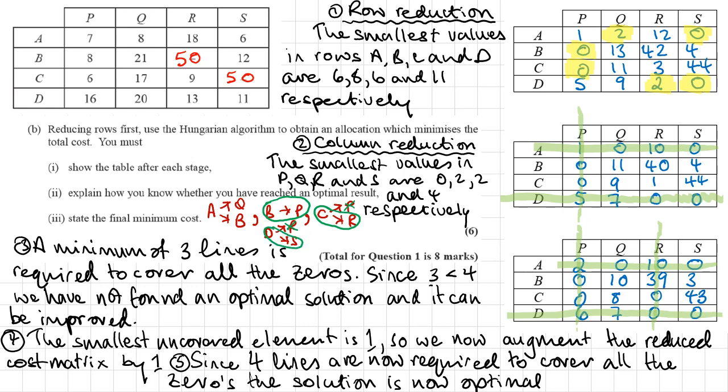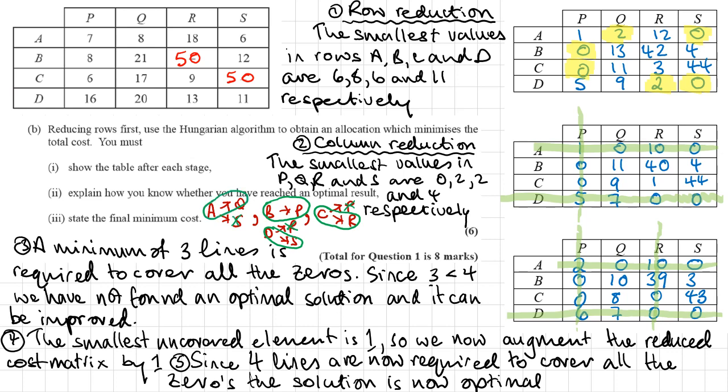It should be A is allocated to Q or S. I need to learn my alphabet. Since D is allocated to S, that means that A cannot be allocated to S. It has to be allocated to Q.